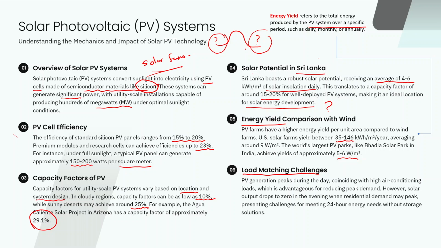One way is to have battery banks, which are basically expensive, but you can go for other technologies like pump hydro. Or you can even go for hydrogen based technologies like fuel cells and so on, to store the energy, right.